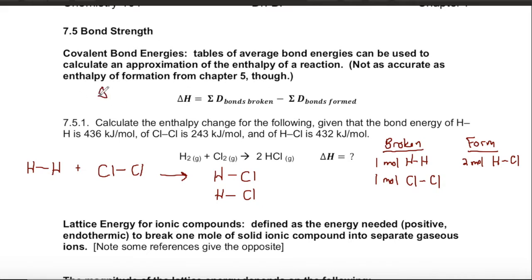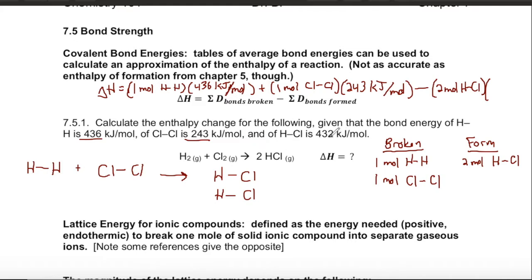So the delta H is 1 mole of hydrogen-hydrogen bonds. Hydrogen-hydrogen is 436 kilojoules per mole. Then we have 1 mole of chlorine-chlorine bonds, which is 243 kilojoules per mole. And then we are subtracting 2 moles of HCl, which is 432 kilojoules per mole.